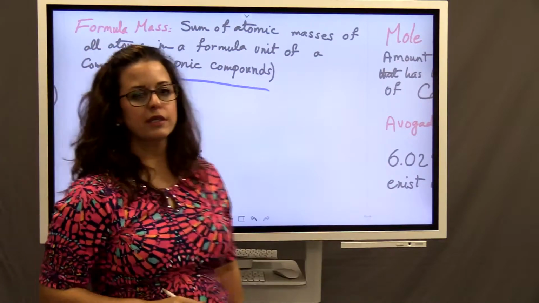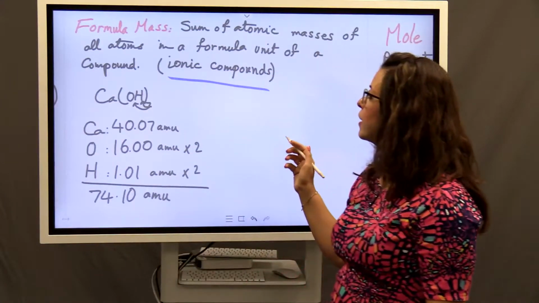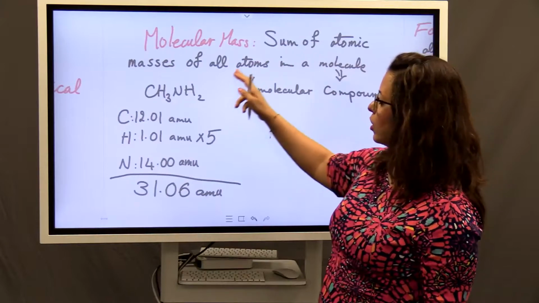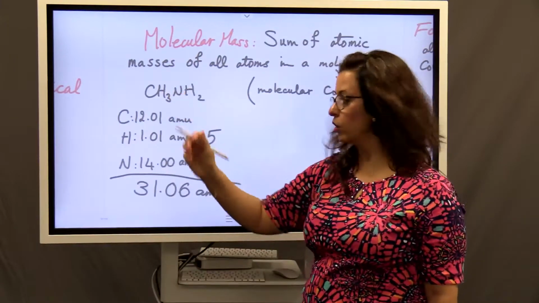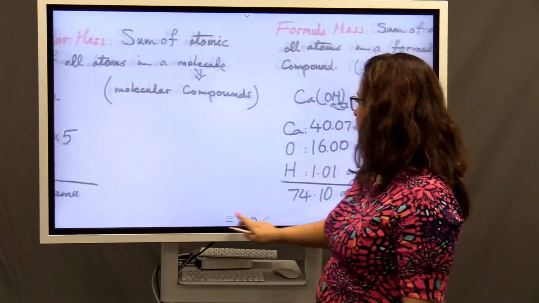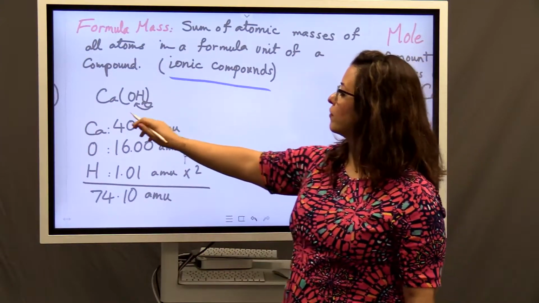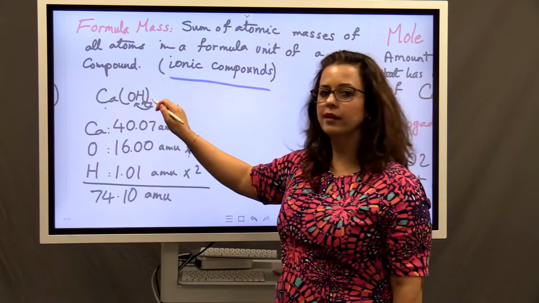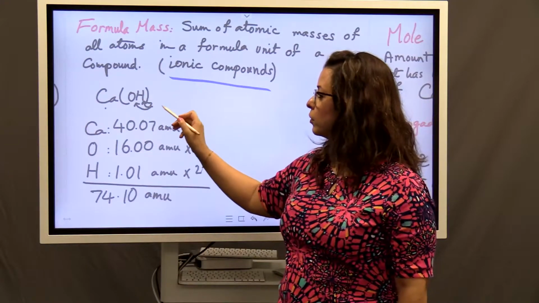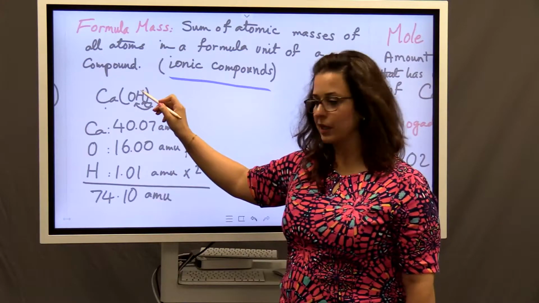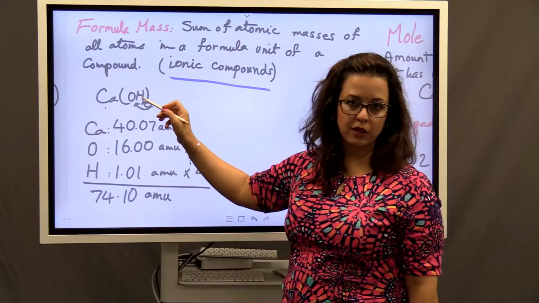So this is how to calculate the molecular mass for molecular compounds when you have a separate molecule, and the formula mass when you have an ionic compound, when you have cations and anions. Don't forget to multiply the number outside parentheses by all of the atoms inside parentheses.